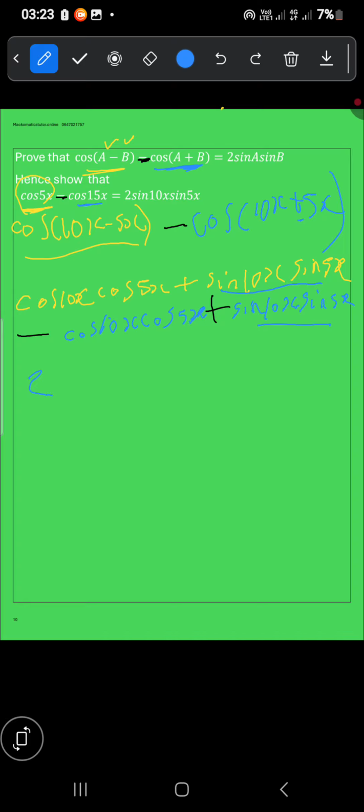So this is 2 sine 10x sine 5x. Then you have proven the identity.